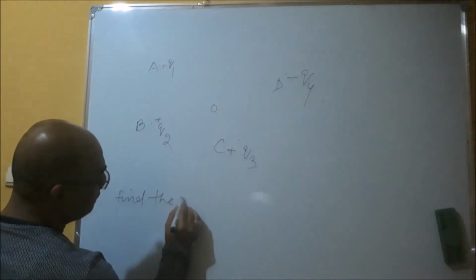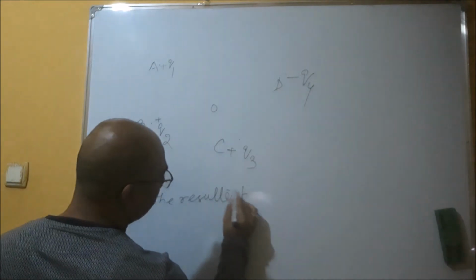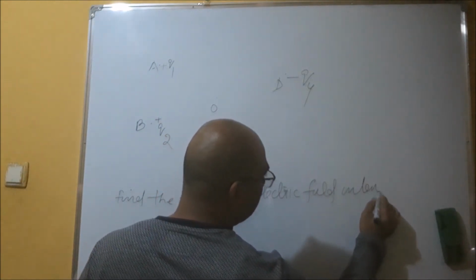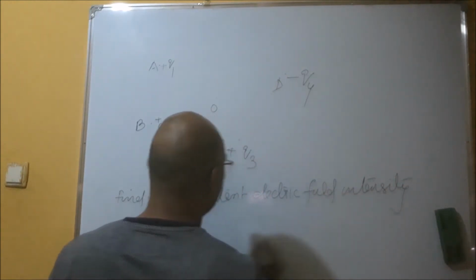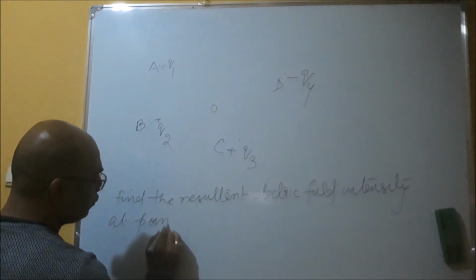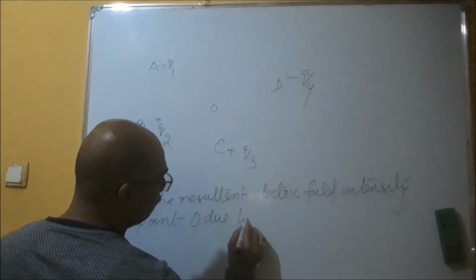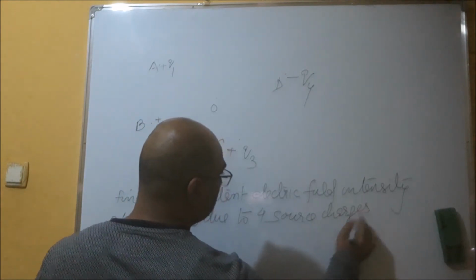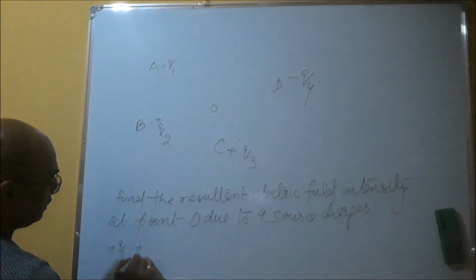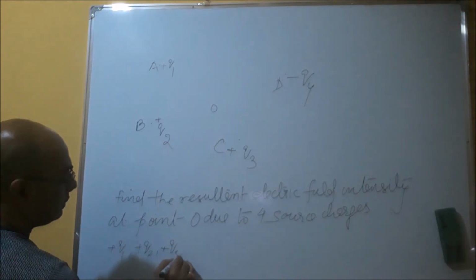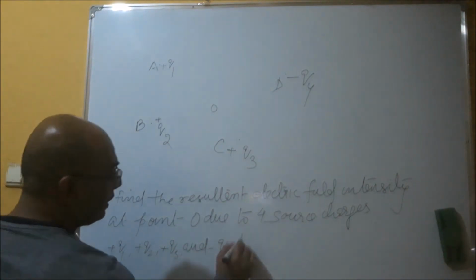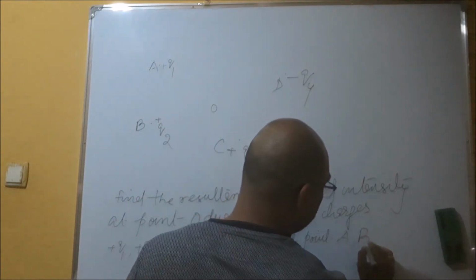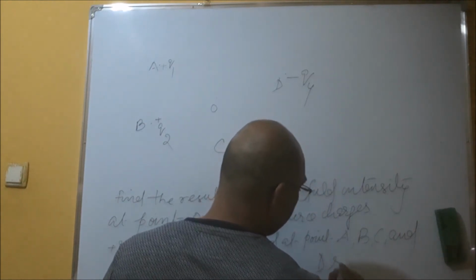So the question is: find the resultant electric field intensity at point O due to four source charges plus Q1, plus Q2, plus Q3, and minus Q4 placed at points A, B, C, and D respectively.